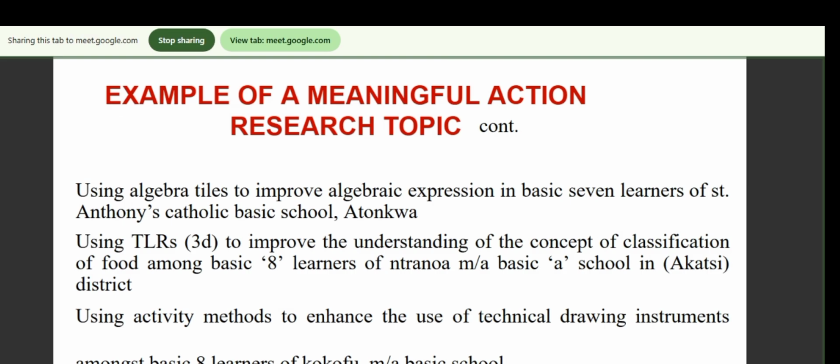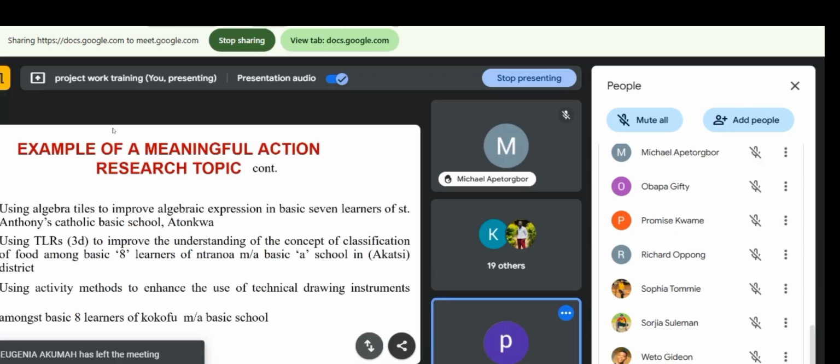So we are using TLRs, presenting resource materials in the form of pictures, videos, and other materials for the students to know how to group food. As I said earlier, look at the specialization. Here it is home economics. Don't forget that also.